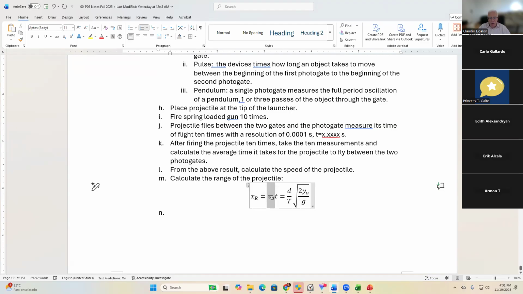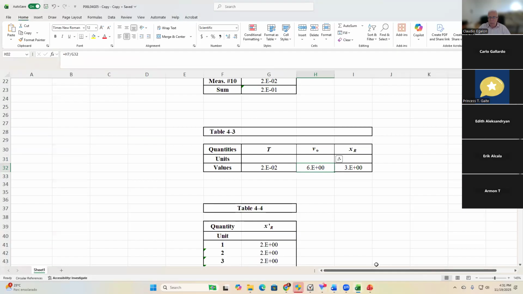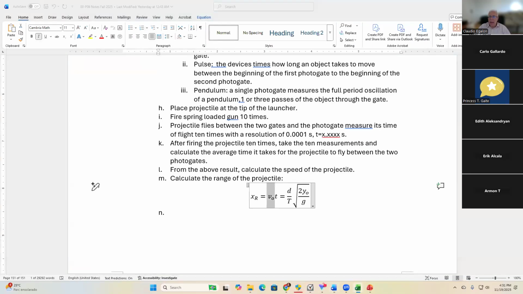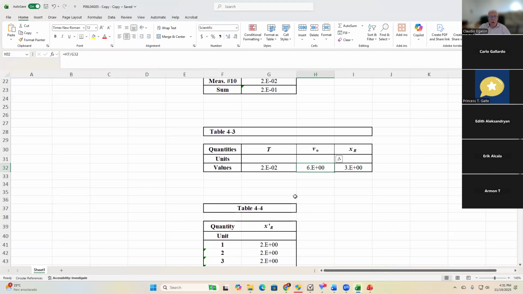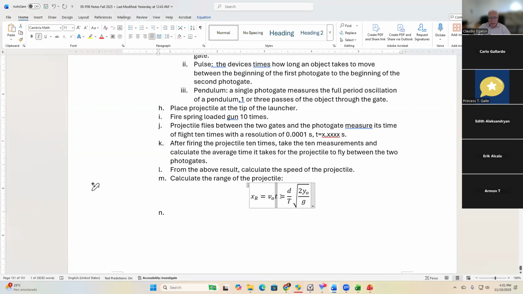the initial velocity of the projectile that you calculated right in here, times the time of flight. This time of flight is different from that other time, okay? Here, D over T is the distance that the projectile covers between the two photogates, and I put that time of flight between the photogates at capital T. This small t here is the time it takes for the projectile to reach the ground, and this t is given by the square root of 2y0 over g.